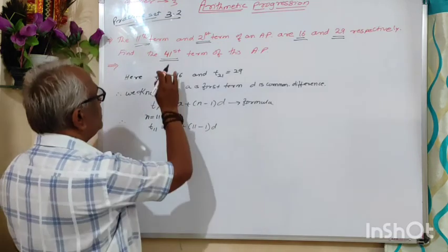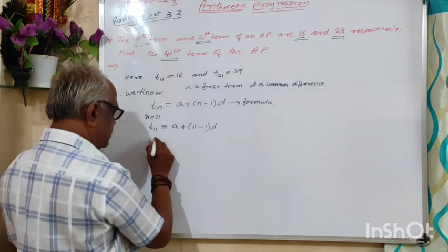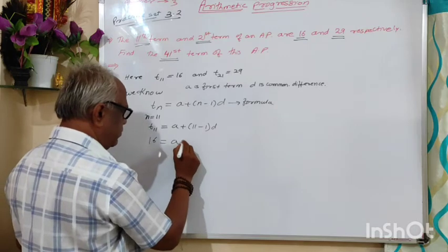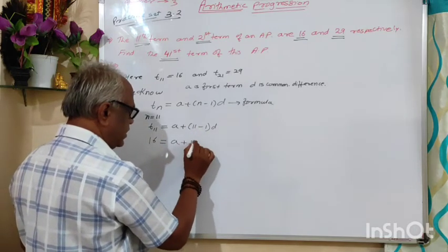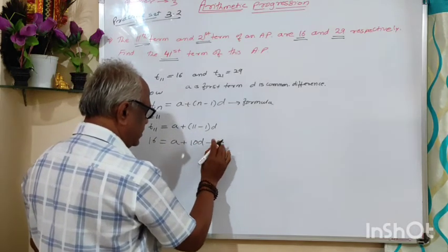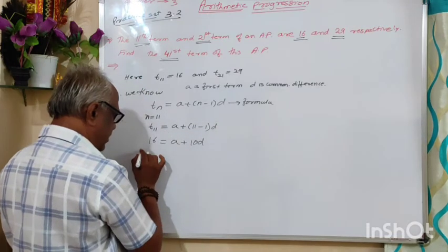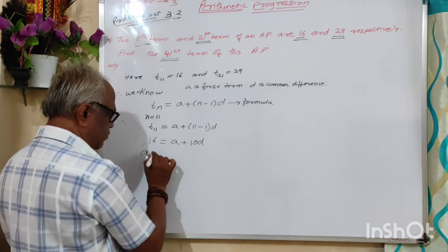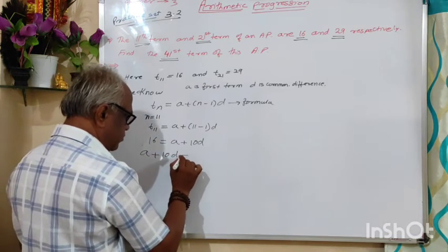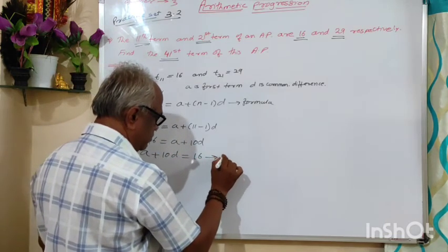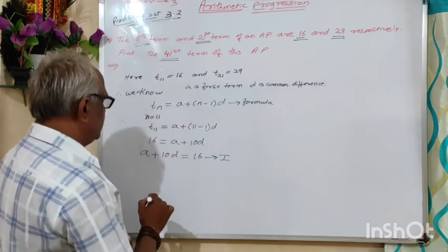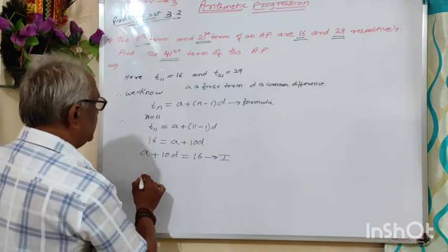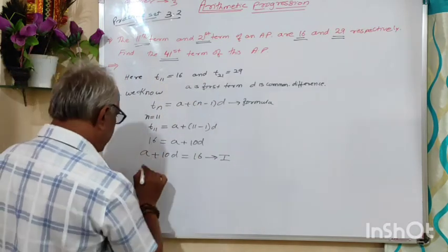Now T11 is given, T11 is 16, which is equal to A plus 11 minus 1, that is 10D. The same equation I will write this way: A plus 10D is equal to 16. This is equation number 1. Now T21 is given.